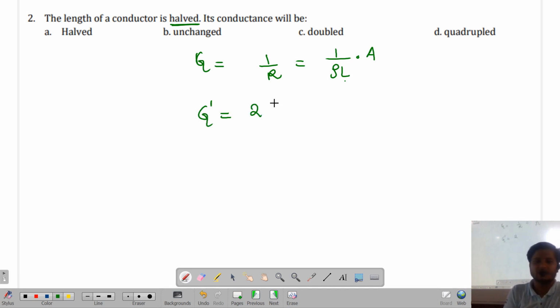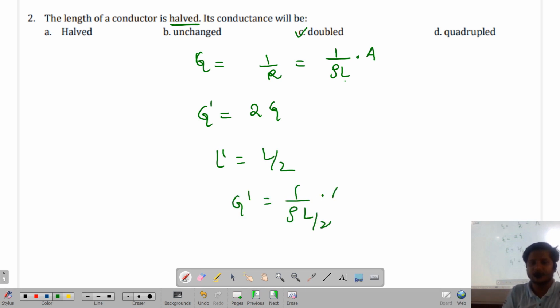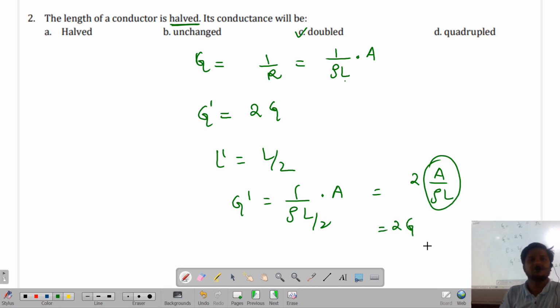So conductance G prime is equal to twice of G. Why? Because L prime is now L by 2. So G prime is nothing but 1 by rho L by 2 into area A. The 2 goes up, so 2A by rho L. This is G. So G prime is twice of G. Got it? So option C is correct.